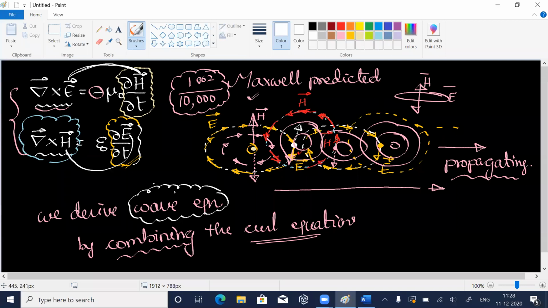If I'm able to segregate E and H from these equations, then how do I know the electric field is going this way one dimensionally, and the magnetic field is going this way one dimensionally? I just want only the E field going all the way and only H going all the way. Then we can combine these two at points of interest and say how it is propagating. So first of all, we have to show an E wave.